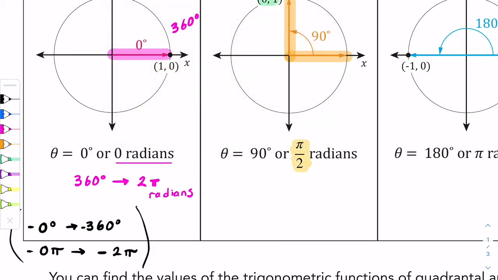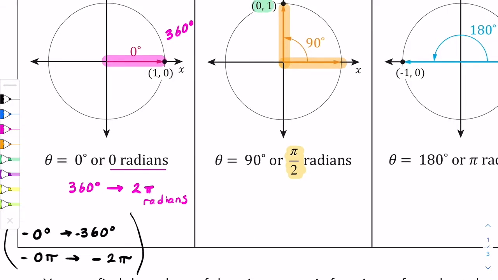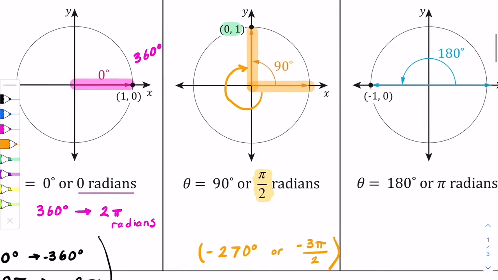And if you were to graph this angle in the negative direction, going in this way, you would say that it's either negative 270 degrees or negative 3 pi over 2 in radians. That's if you work in the negative direction.